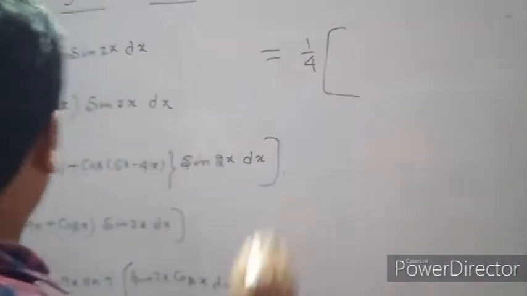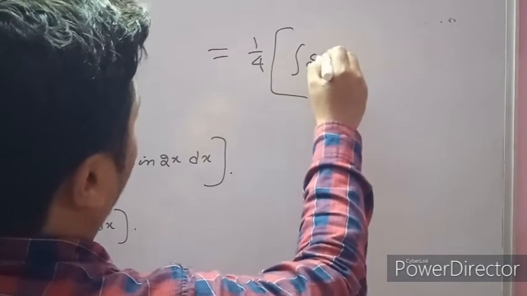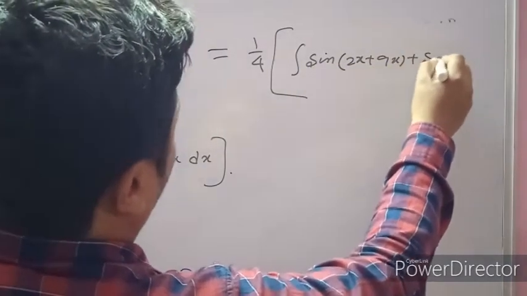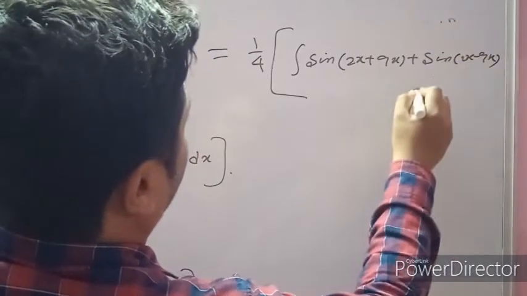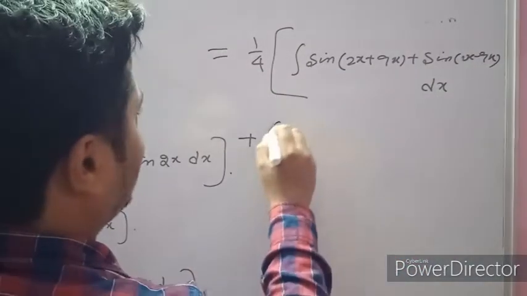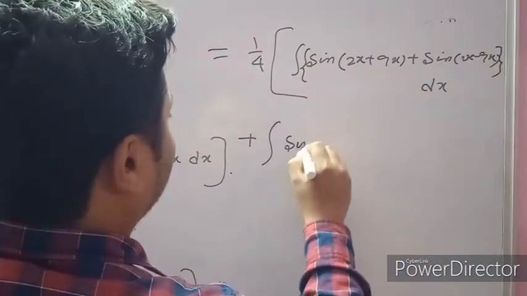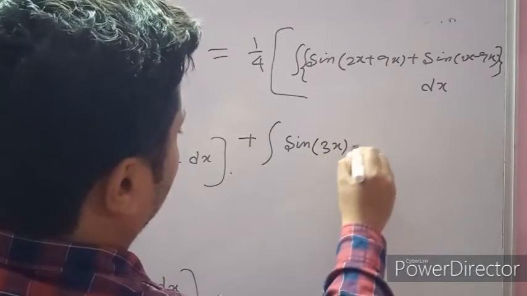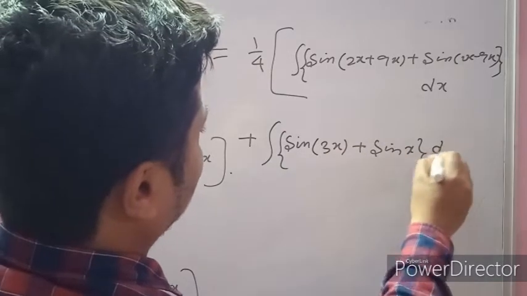Now this can be converted: 2 sin a cos b, that is integration sin of (a plus b) plus sin of (a minus b) dx, plus this is 2 sin a cos b, that is again integration sin of (a plus b) is 3x plus sin of (a minus b) dx, right?